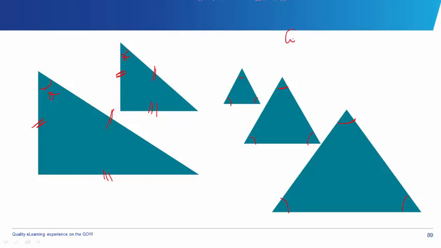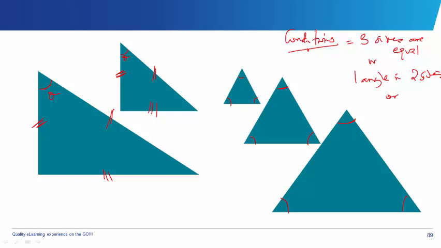So the conditions for congruency: to say two triangles are congruent, you have either the three sides equal, or one angle equal to the other and two sides, or you have two angles equal and one side. Okay, so when you have these conditions met, you can now say that the triangles are congruent.